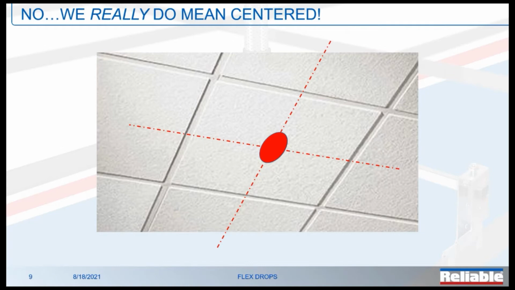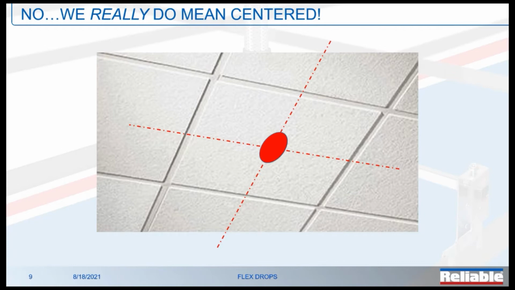I like the looks of those. But then pretty soon it was like, yeah, we not only want centered within 1/4 of an inch, we also want concealers. So again, wow, we're spending a lot of money to make this happen, and we'll look at how some of those costs were driven. But architects get their way, and in order to stay in business, you have to figure something out.